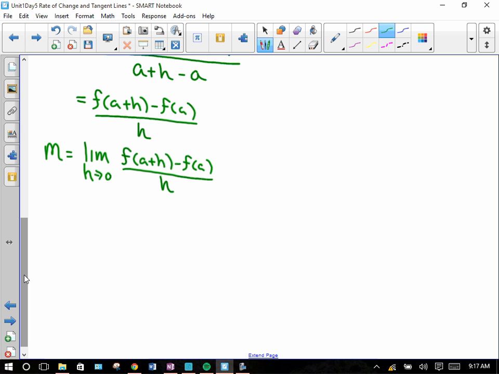So now what does this represent? Well, this slope, first of all, and you did not write this part down, so you might want to write this: this slope is equal to the slope of a function at a given point.